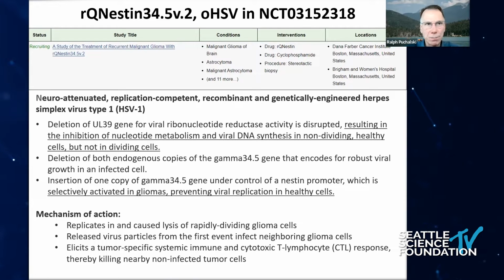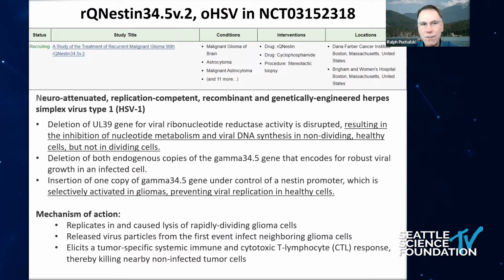And nestin is expressed highly in many features of glioblastoma. And this prevents the viral replication in healthy cells, and it selectively activates this expression in the glioma cells. So the mechanism of action is that the virus replicates in and causes lysis in rapidly dividing glioma cells.